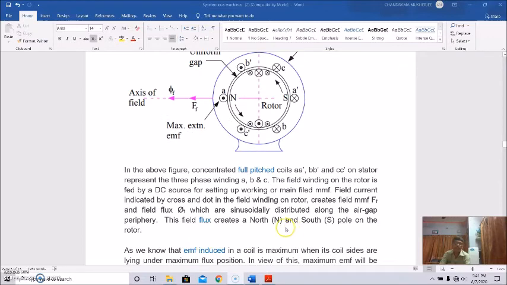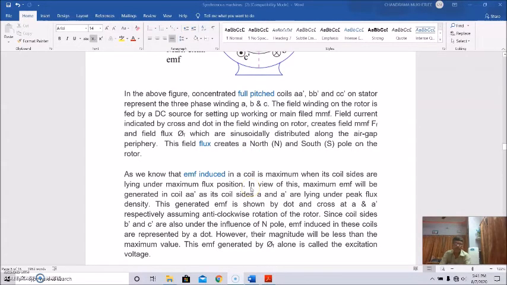This EMF generated by field flux phi f alone is called the excitation voltage, or EF.